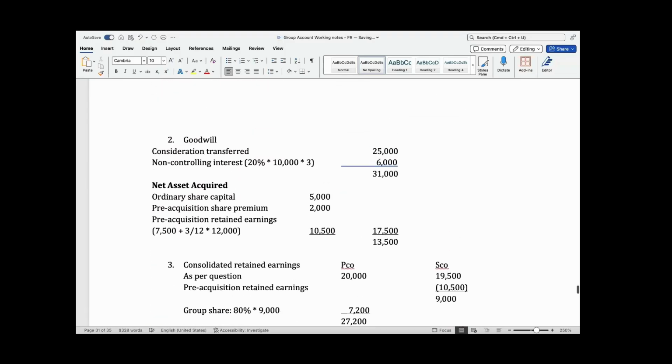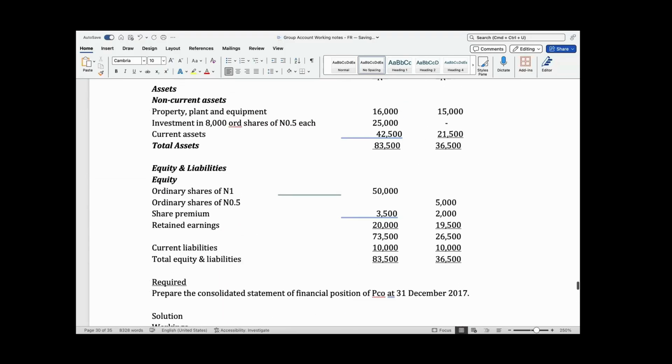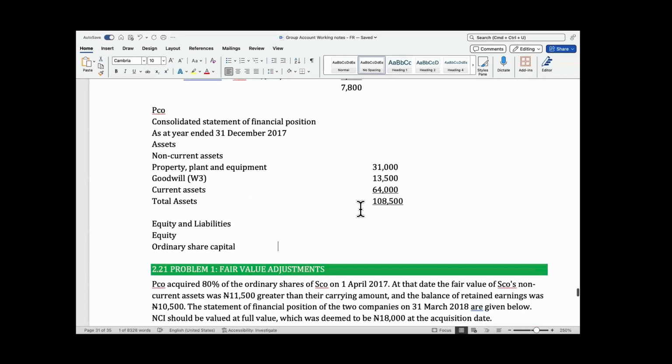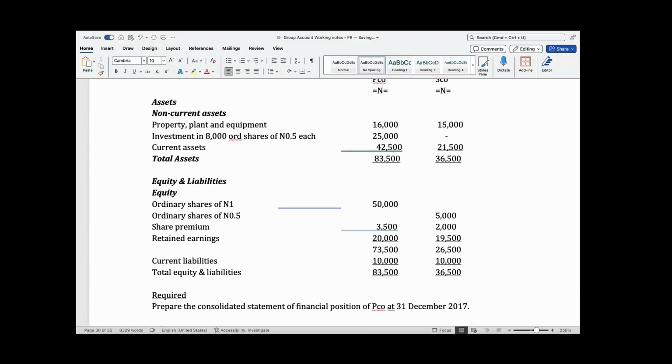What was the ordinary share capital? 50,000. After that, we have share premium.